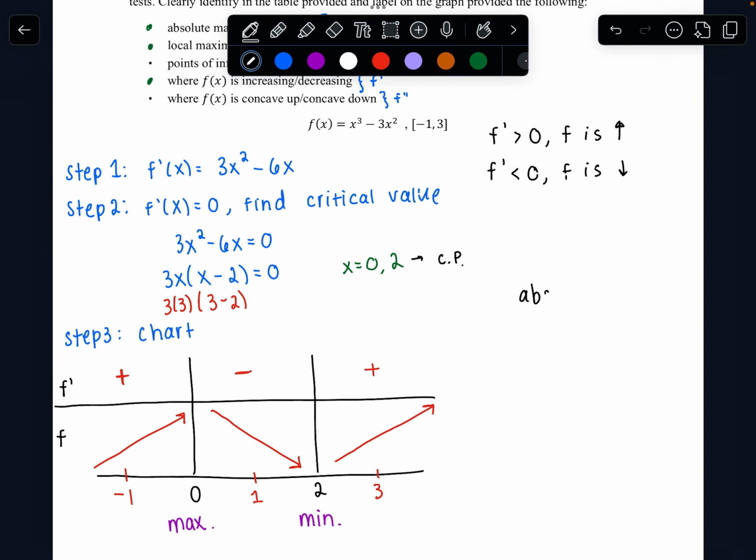To find the absolute, we're going to do an x versus f of x chart, where we check our critical values, 0 and 2, and we check our endpoints. Remember that? And then we plug this into the original.